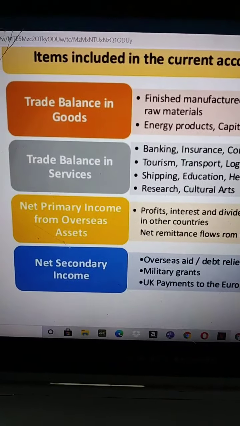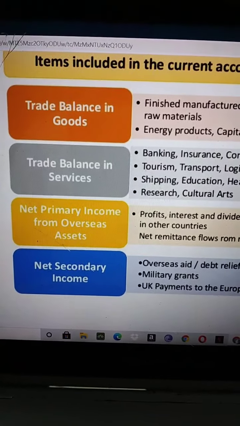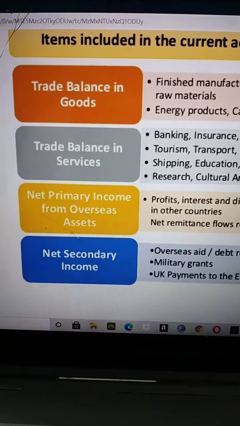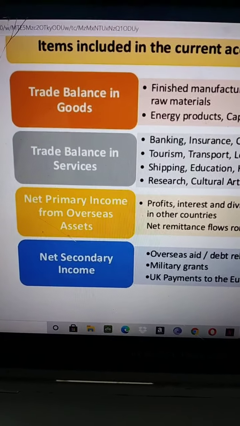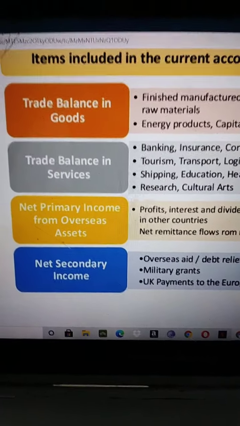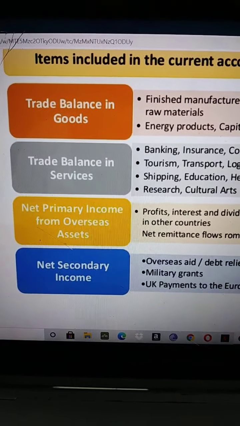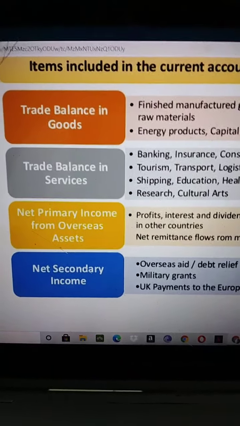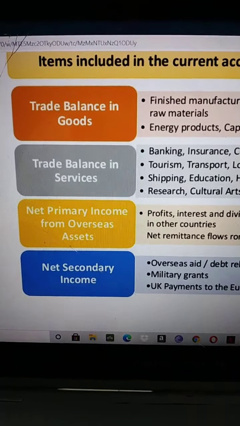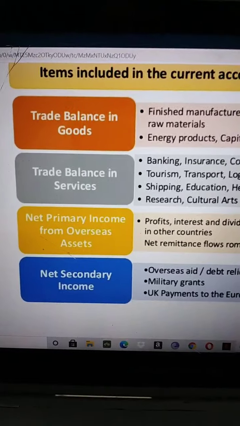So you can easily do the question. If you make an equation, all these four components will be there, and their addition should equal the current account balance. And you have to balance it out, certain things plus minus, because the final answer should be zero. After adding or subtracting, the answer should be zero.